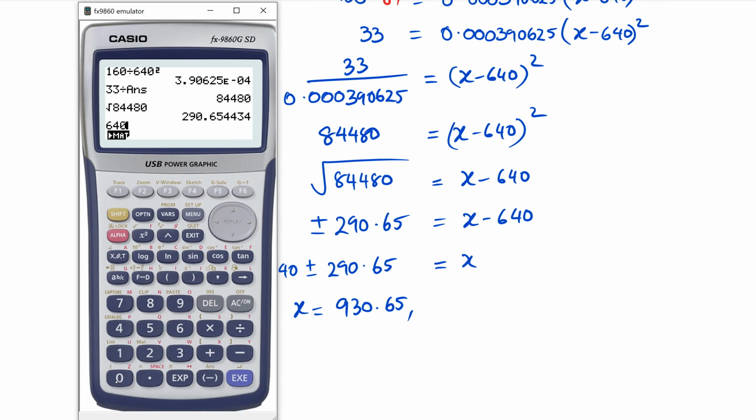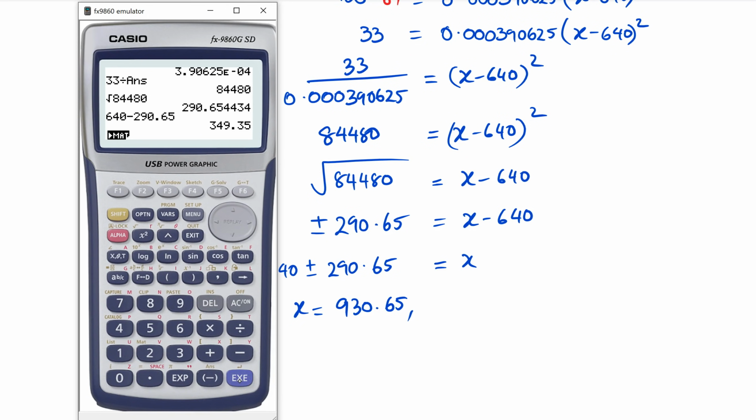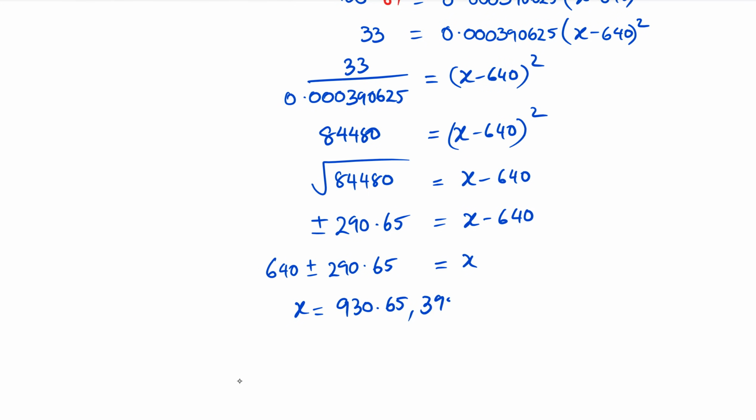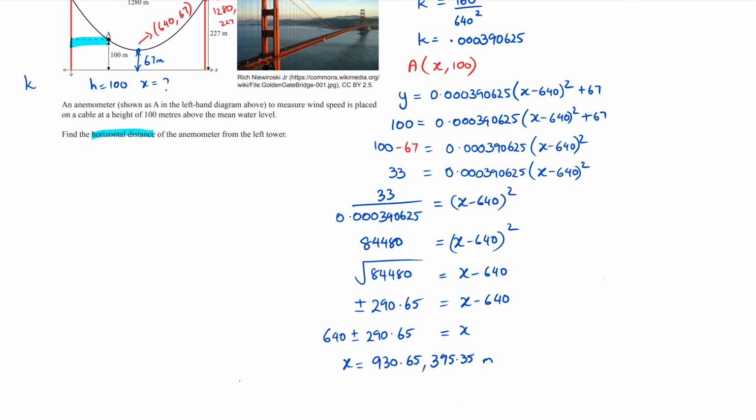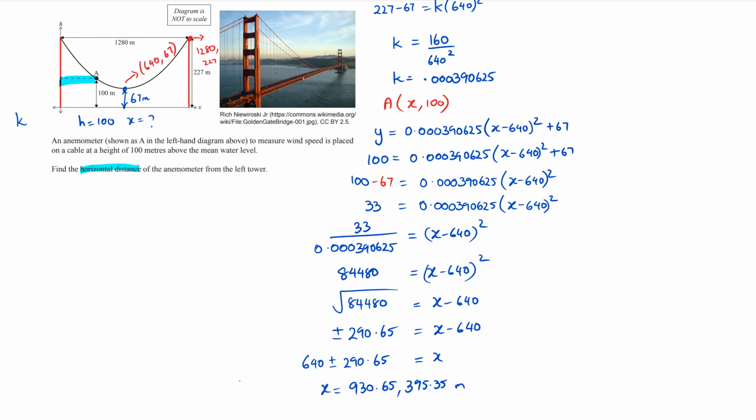So 640 minus 290.65. So we get 395.35. So we actually have two answers for this, and the reason that there's two answers for this is because if you look at it, there's actually 2 points where the height is at 100 meters.